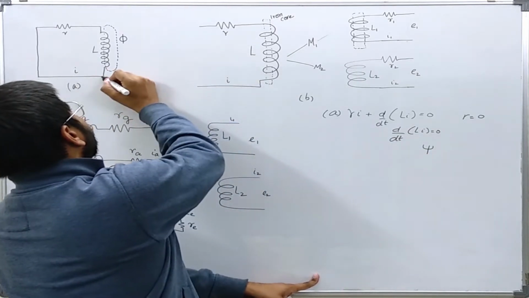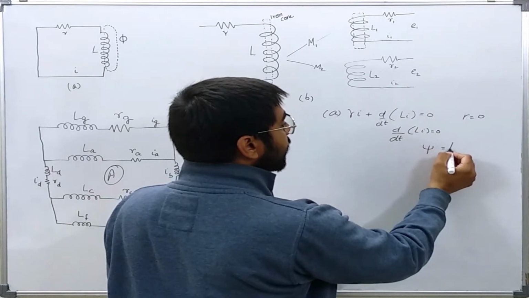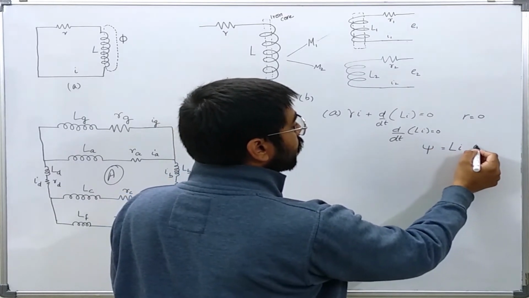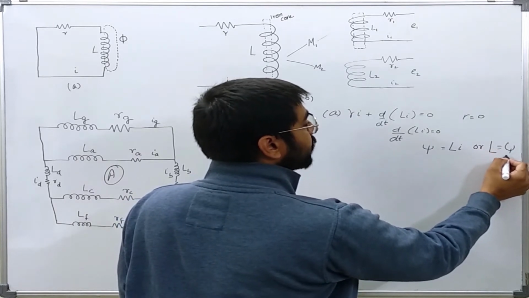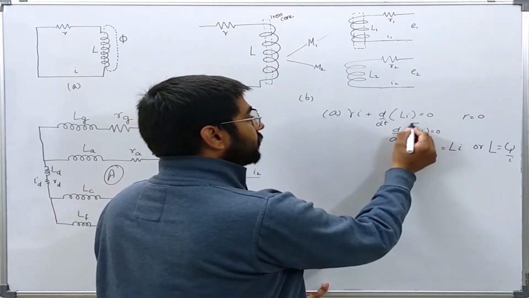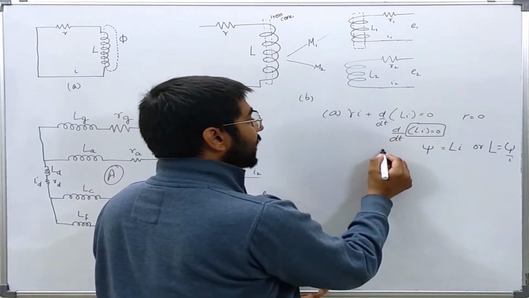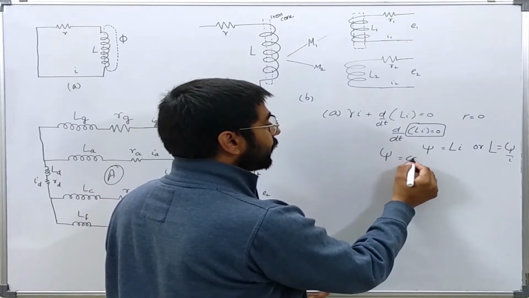This closed circuit has flux linkages given by psi is equal to Li, as we already know that inductance of the circuit is nothing but the flux linkages per unit current. So you see that from this equation, the flux linkage of the circuit is a constant.